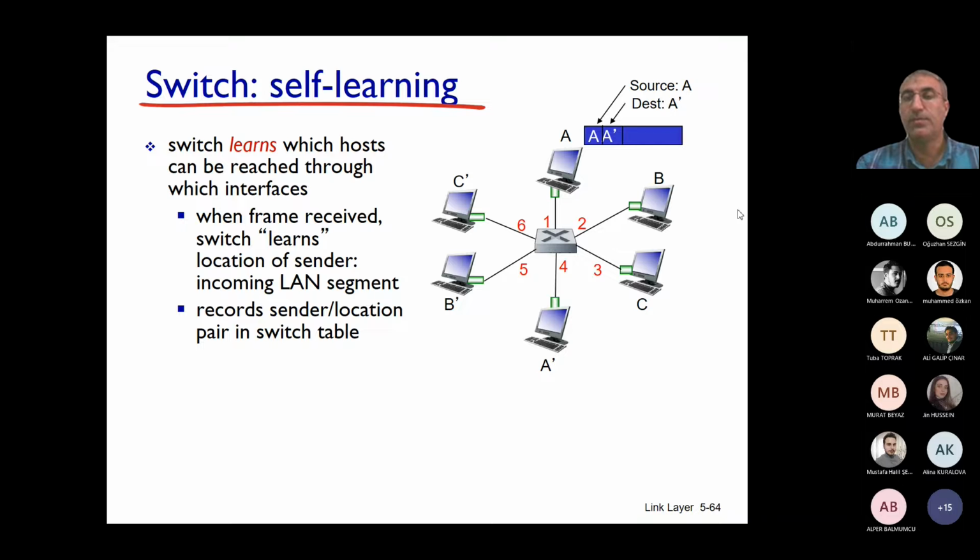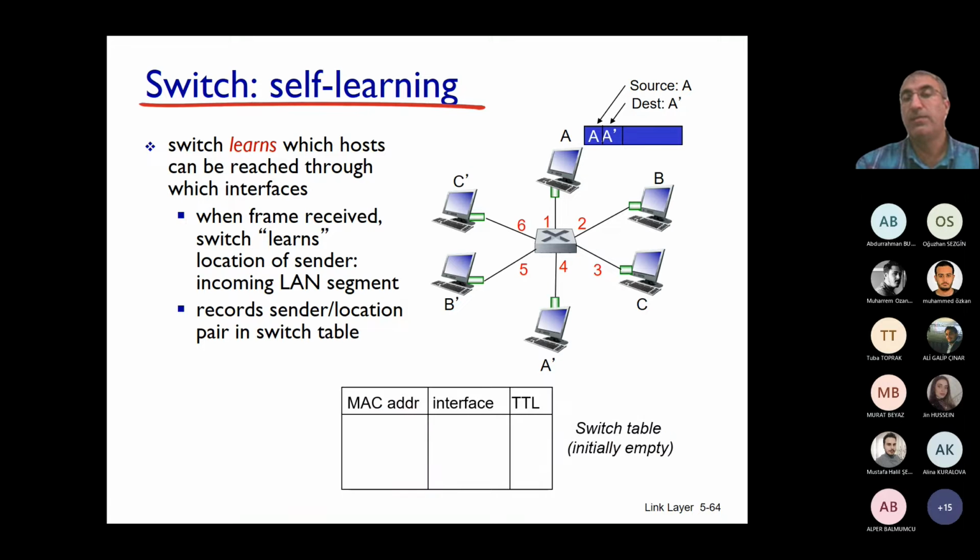In this case, node A is trying to send a frame to node A prime, and we have this switch forwarding table. The switch receives its first frame from A, so it records this location and sender information. As you see, this frame came from MAC address A through interface 1 and TTL is 60.